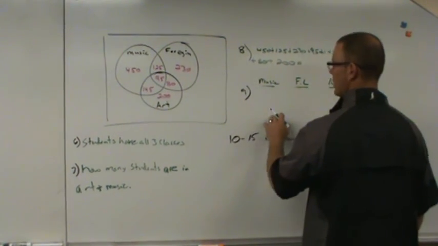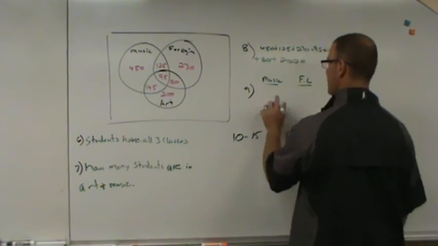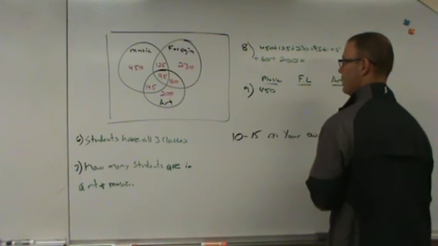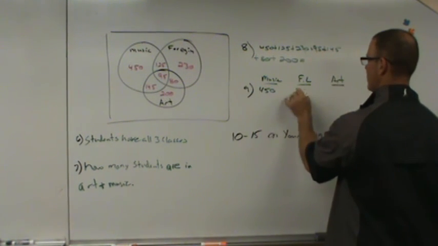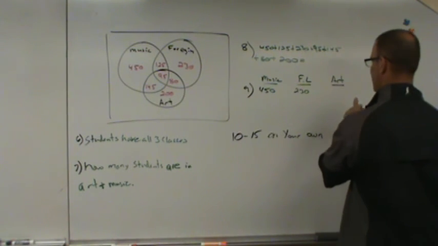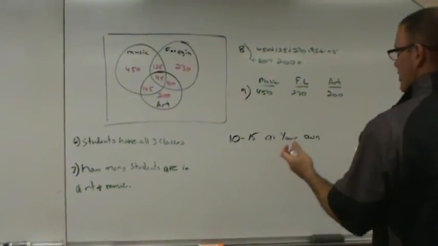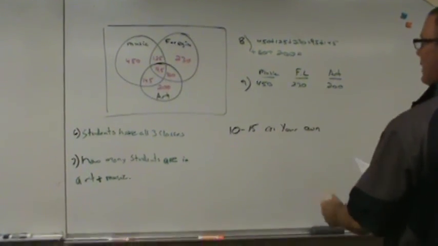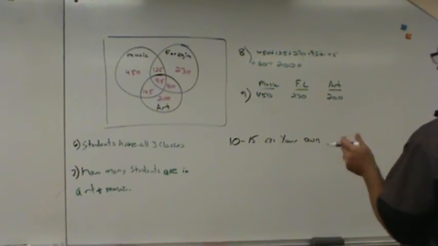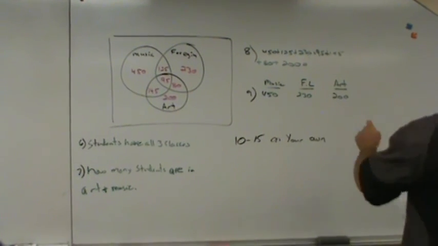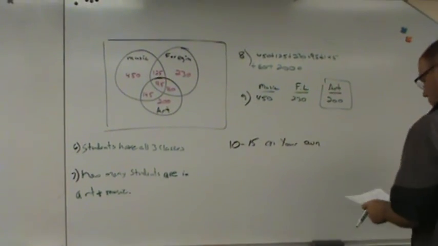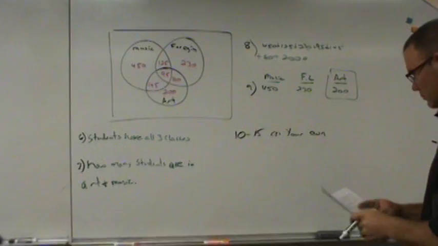So how many are just in music? How many are just in foreign language? How many are just in art? Because it's just saying just in those classes. It's not saying combined. How many are in foreign language and art? No, it didn't say that. It just said just music, just this. So now you can tell. Okay? It's the artsy class. All right?